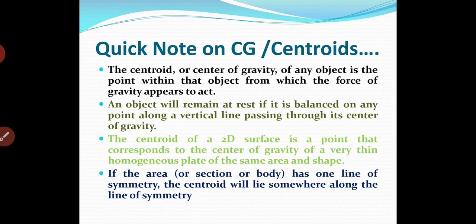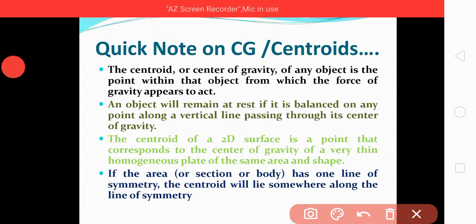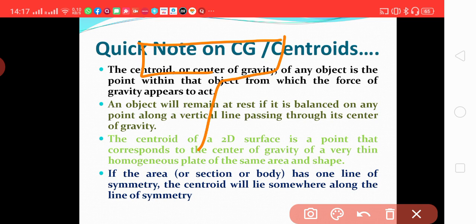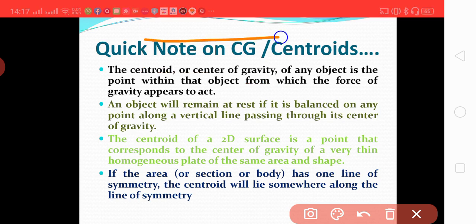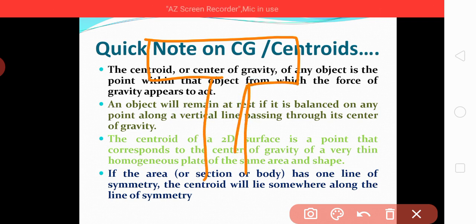For example, this is the T section, it is symmetrical about this vertical axis line.